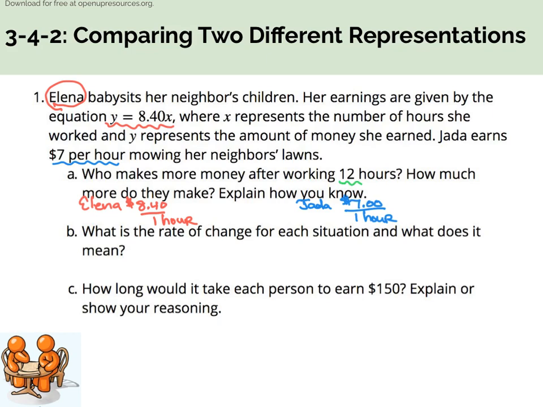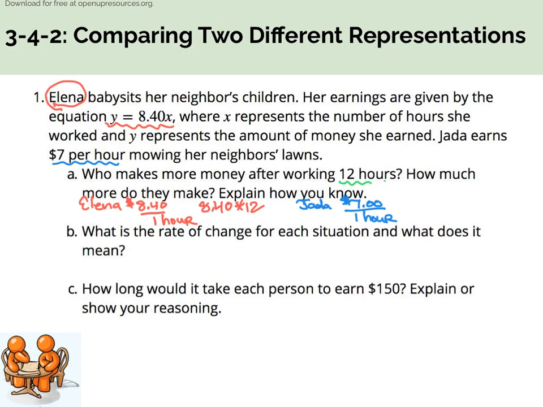when it's 12 hours, right? And so for Elena, we can go ahead and take $8.40 and multiply it by 12. So grab a calculator. Let's go ahead and do that. So 8.40 times 12.